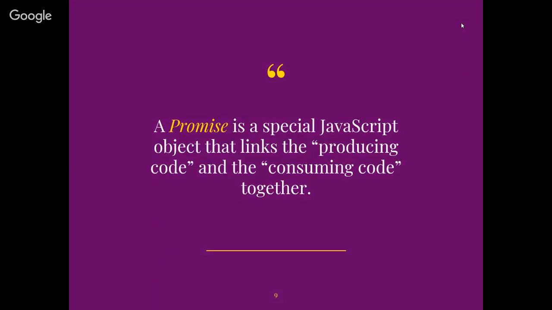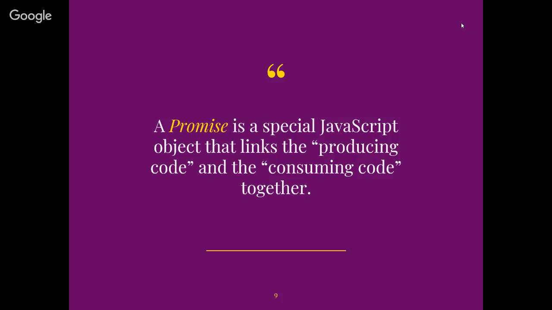So if we're requesting some kind of variable or data from an external server, that's the job of our producing code. That's where the request happens, and we wait for the response from the server. And once that becomes available, the producing code hands that to the promise.